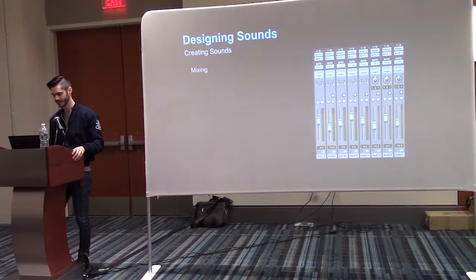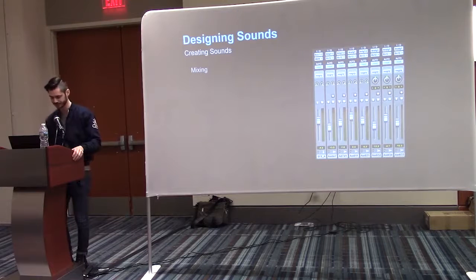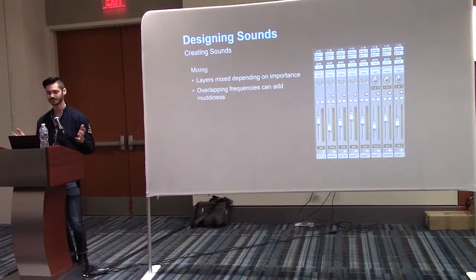So next is mixing, and this is another part of the DAW, the faders and everything. So that's a fader for each track. You mix based on what you think is most important in your sound, and it's important not to overlap frequencies and sounds too much, or you'll get a really muddy sound.